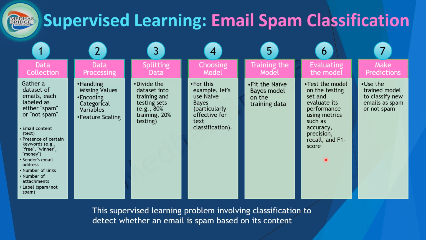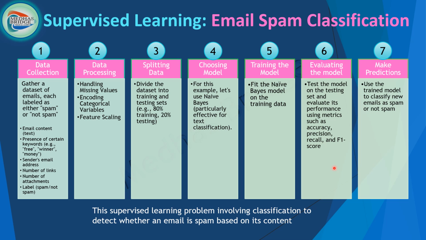These are the classification metrics which we use for understanding how the model is really doing. Once you have confidence that the model is giving accurate, precise results, then you consider that the model is ready for future predictions.